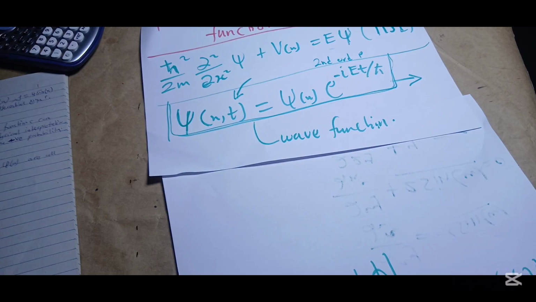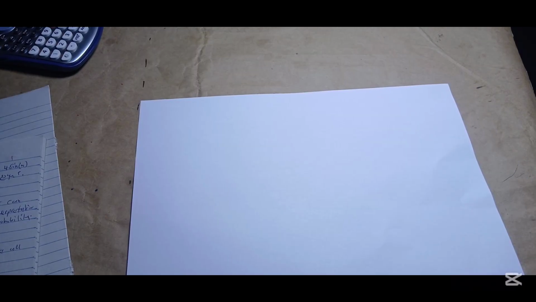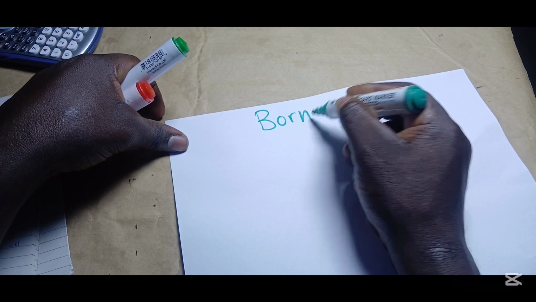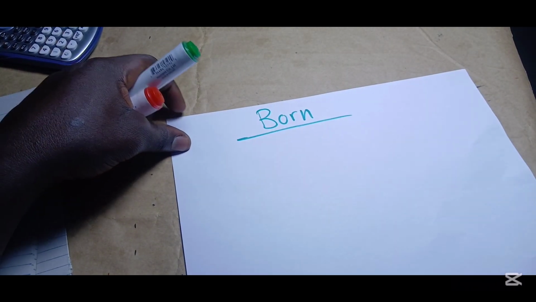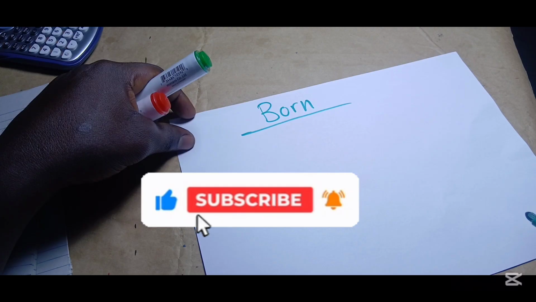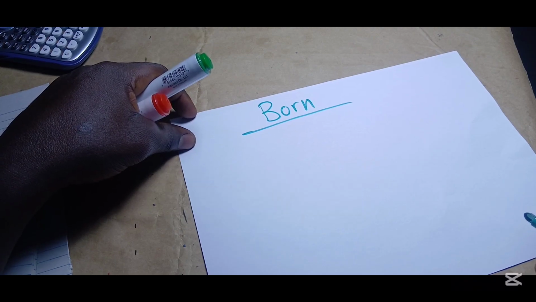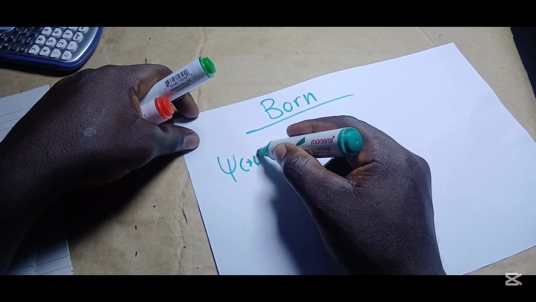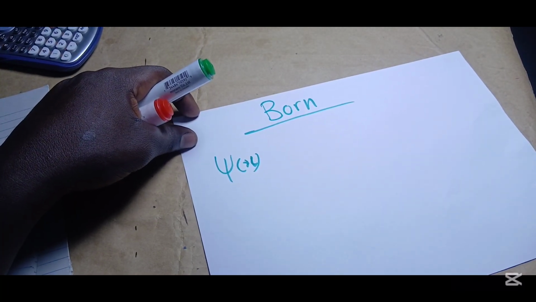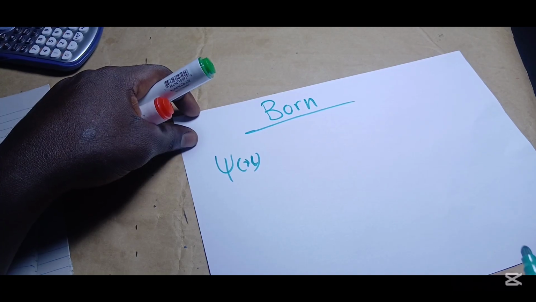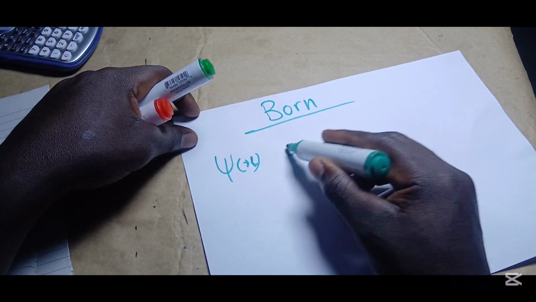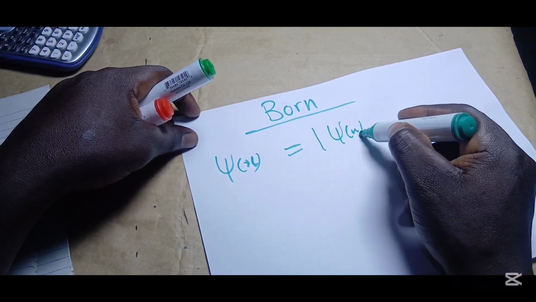We are going forward. Now that we know how second order partial differential equations behave, a scientist called Born proposed that if we solve the general Schrodinger equation and get the wave function, let's say psi of x, then the probability of us finding an electron in the system should be equal to the absolute square of psi of x.